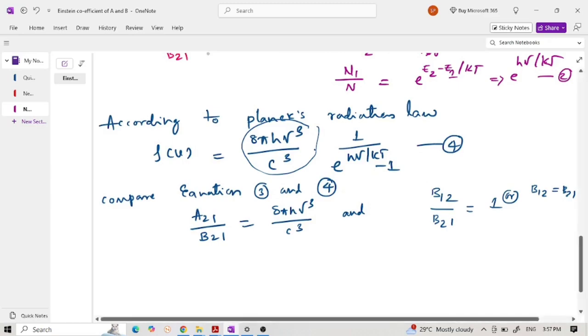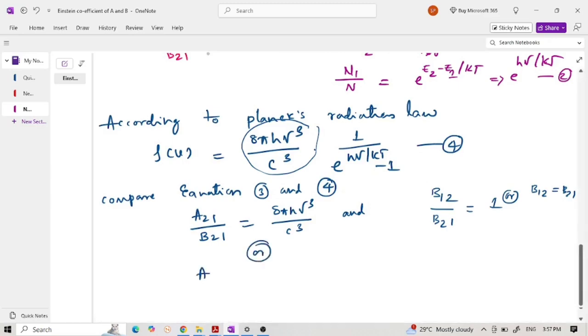Or this equation may be written as A21 divided by B21 is equal to 8 pi h divided by lambda cube.